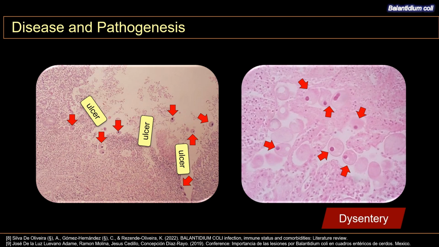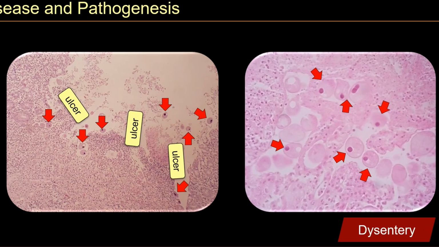In a conference paper by Adame et al. in 2019 in Guadalajara, Mexico, they presented the histopathologic photos you see here. These are photos of pig intestines presenting with ulcers with Balantidium trophozoites invading the mucosa.